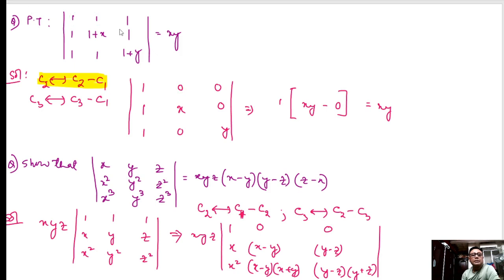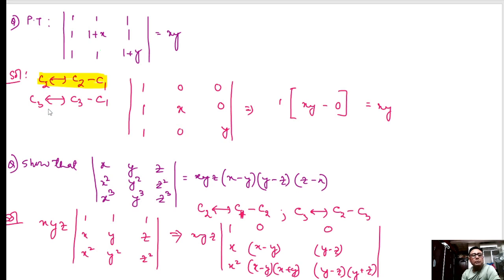Then C2 minus C1, which is x, and put it in C2. Then C2 minus C1, which is 0. Put it here.